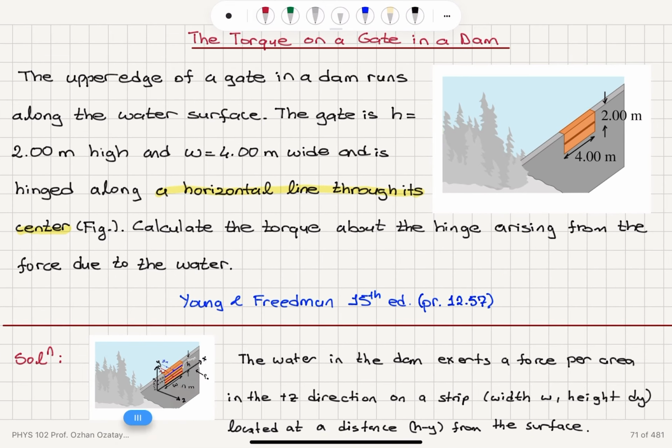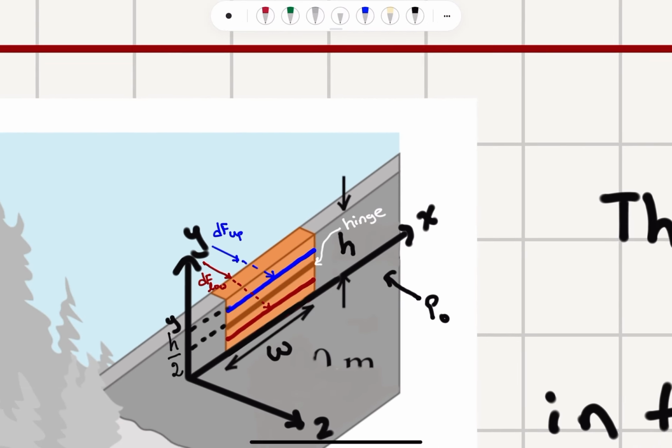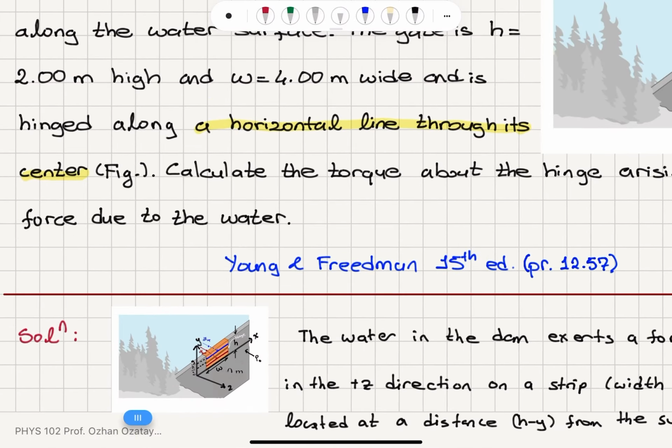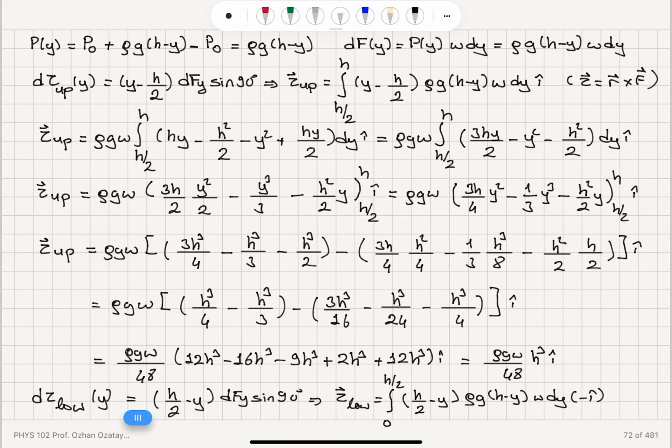All right, so if I look at the direction of the torque, so it's R cross F here, I see that the torque due to the upper portion is in plus I hat direction, and R cross F gives me a minus I hat torque, so they will be pointing in opposite directions.